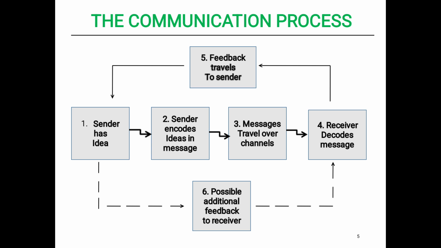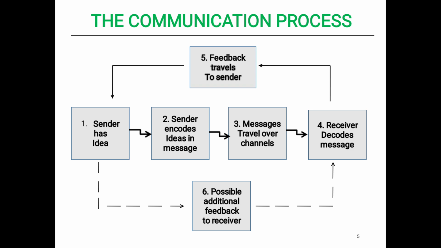Well then, let's talk about the additional steps, step 5 and 6. Step 5 is feedback travels to the sender. Let's suppose the receiver is not getting the message properly. Now this person responds back to the sender, asking additional questions, or sharing their feedback.